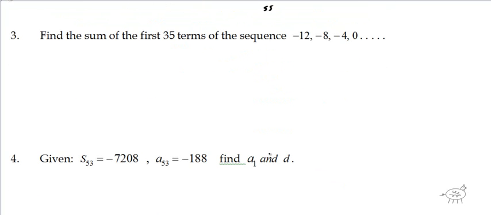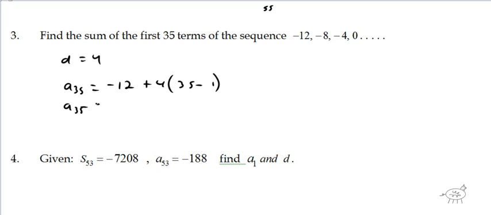Alright, number 3, find the sum of the first 35 terms of the sequence. Well, again, you can see that it's arithmetic, and you can see that d is equal to 4. I need to find the 35th term, because our nice little friendly sum formula needs the first term and the last term. So a sub 35 equals a sub 1 plus d times 35 minus 1, so a sub 35 is equal to 124.